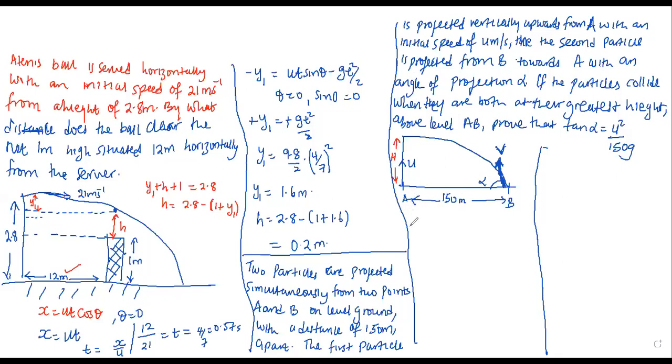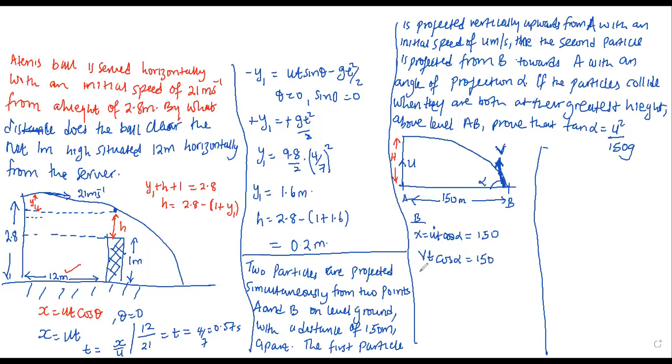Because this is 150 meters, when you consider B, from x equals u t cos alpha, we shall have this equal to 50. But this is u, let me call it u prime, because we have u already in A. u prime is the velocity at B. So that finally V t cos alpha is equal to 50.